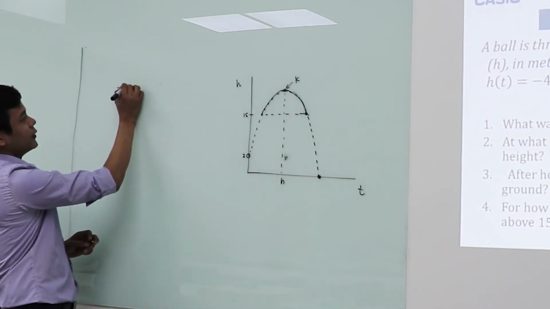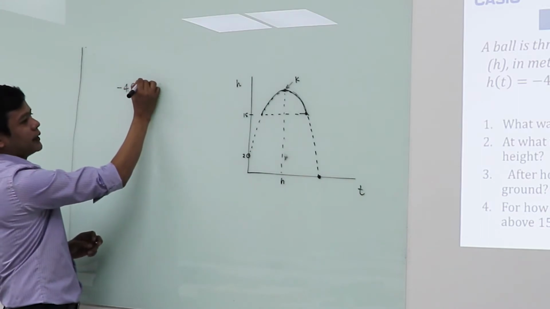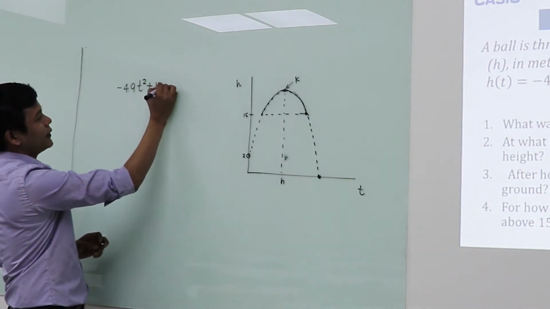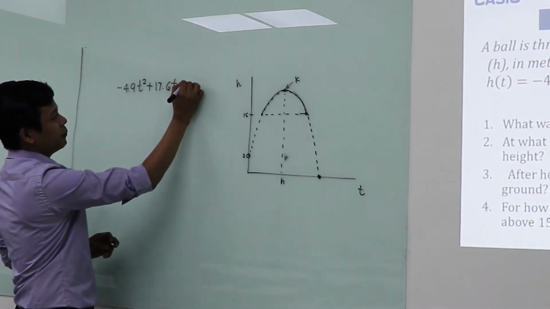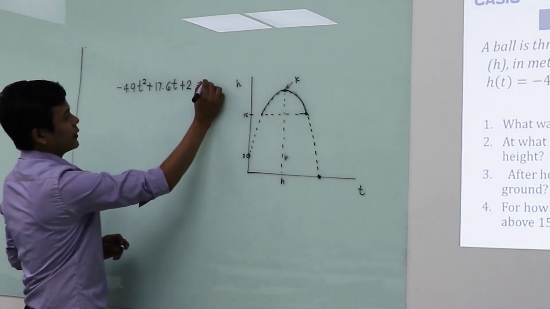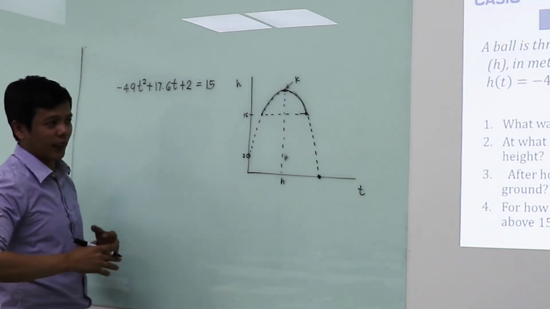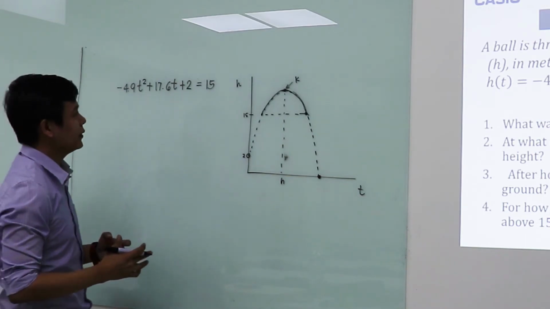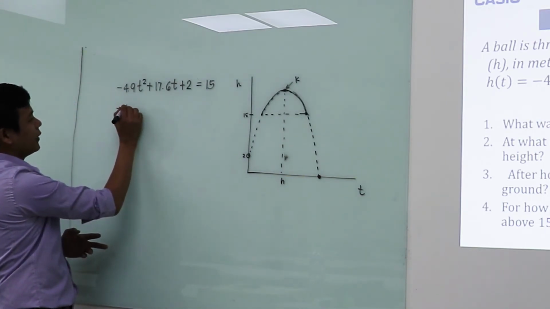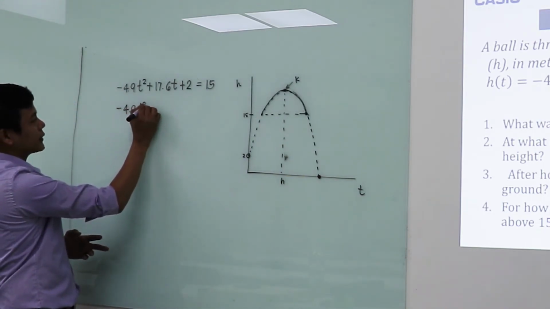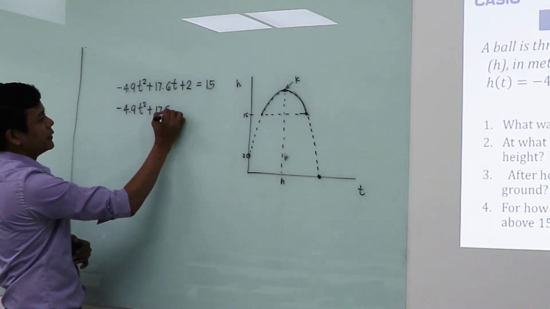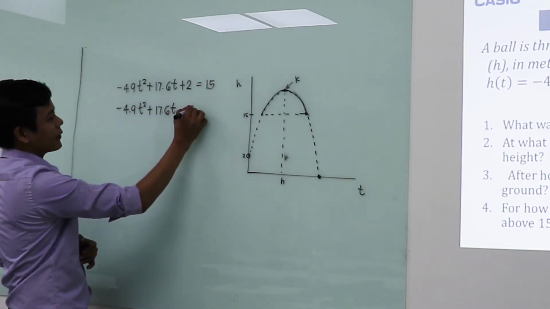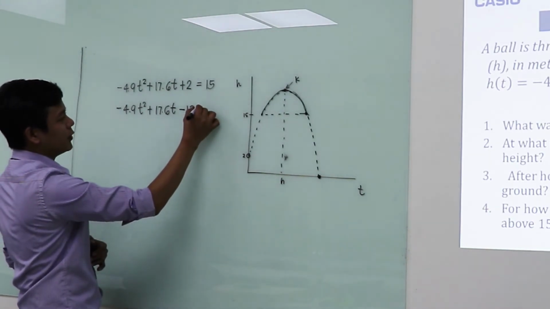From the equation, negative 4.9 t squared plus 17.6 t plus 2, we just have to equate it to 15, because the height that we want is 15. And then from here, we have negative 4.9 t squared plus 17.6 t minus 13 equals 0, by subtracting 15 from both sides.